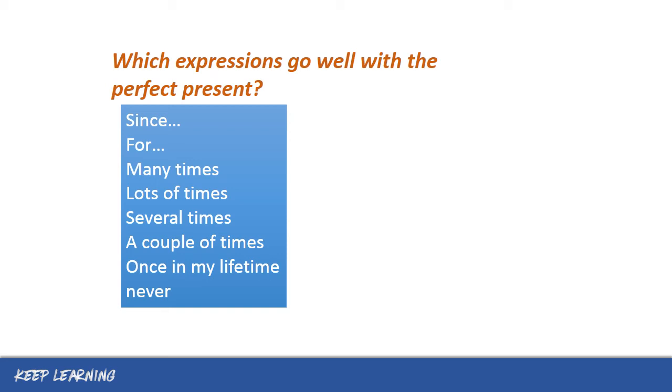Technically, a couple is 2, right? I have been there once in my lifetime, or I have never been there. As you can see, these words are very good to connect with have or had, even will have, right?